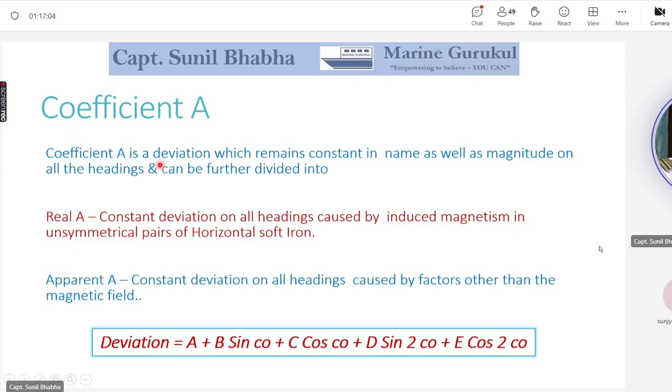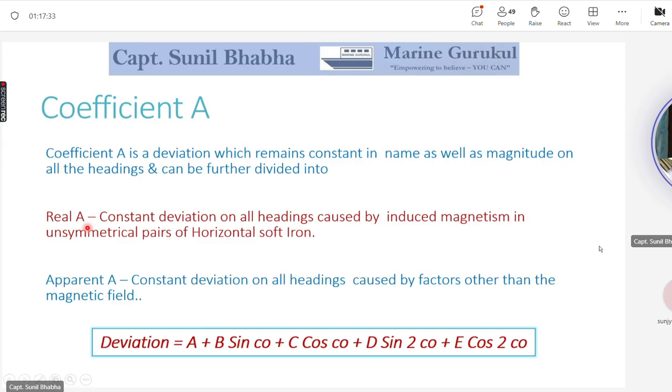And exactly that is what the definition also tells us. Coefficient A is a deviation which remains constant in name as well as magnitude on all the headings. The vessel can continue to change its heading, and the deviation which is generated because of coefficient A does not change at all. It has two components.